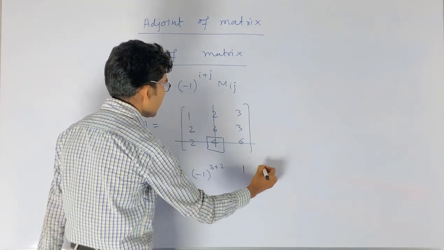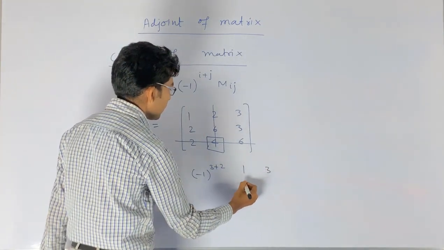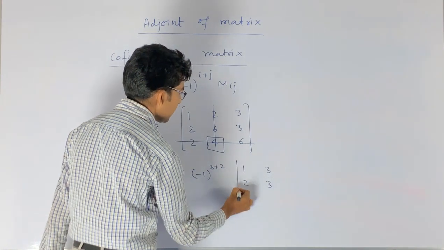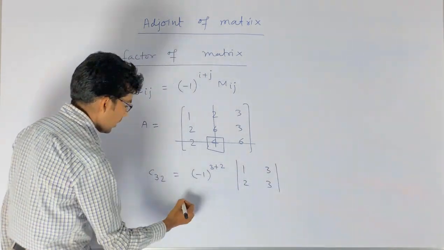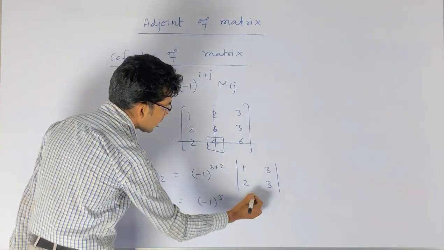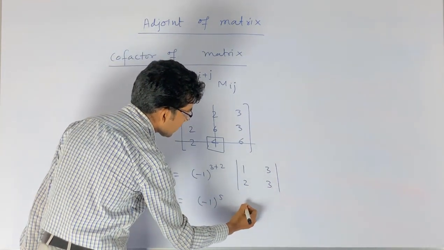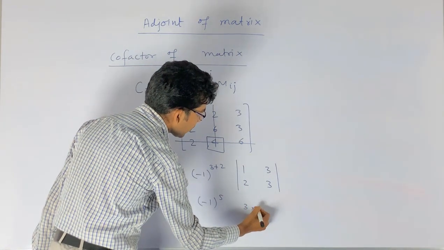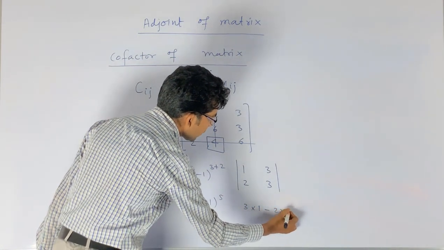So 1 3 2 3, this is our minor. So we can calculate minus 1 to the power 5, and this can be written as 3 into 1 minus 2 into 3.